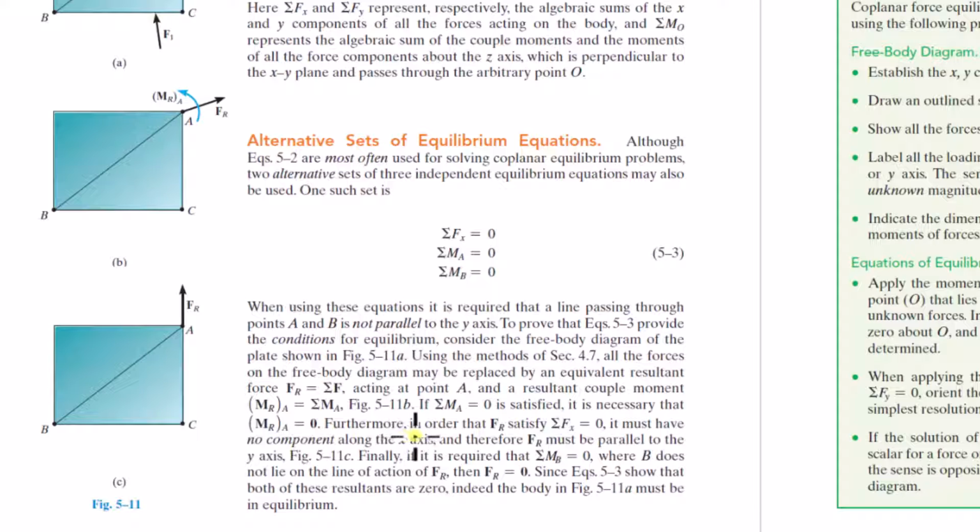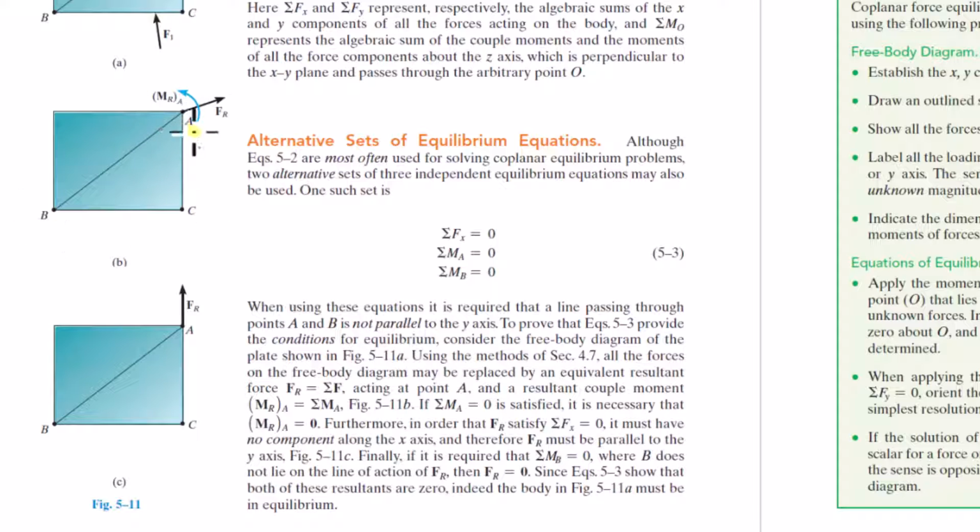Furthermore, in order that the resultant force satisfies the sum of the forces in the x is equal to 0, it must have no component along the x-axis. And therefore, this F_R, the resultant force, must be parallel to the y-axis. So they're just showing how this works.